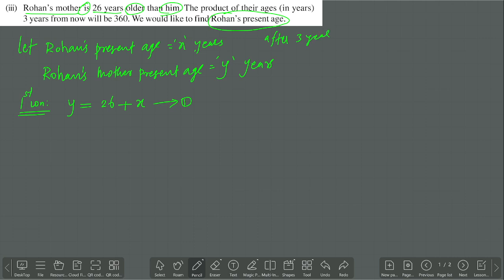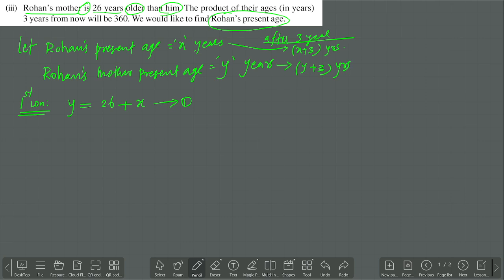After 3 years, Rohan's age will be x plus 3 years. Like that mother's age is y plus 3 years. Am I right? Am I right?